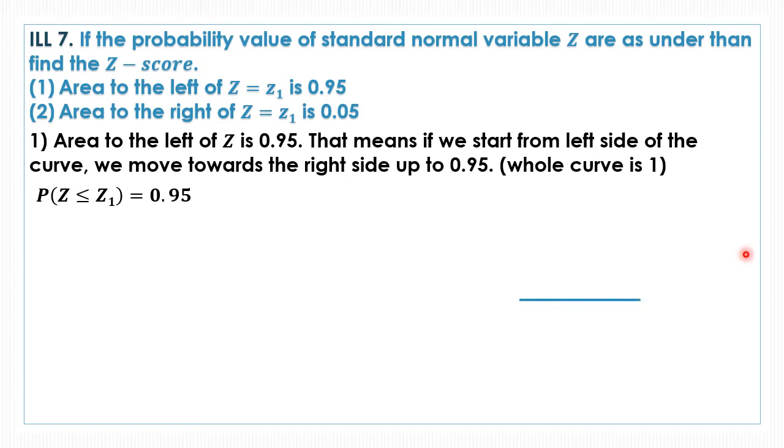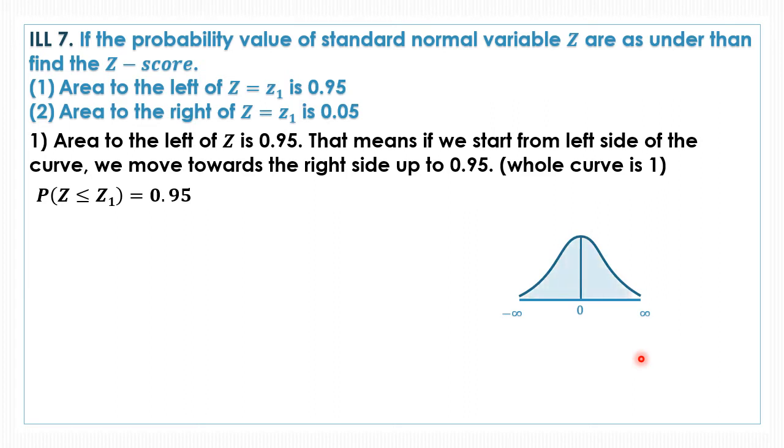Now if I draw the curve here, it will become easier to understand. So the curve here will look like this, where I am going to start highlighting my area from the left hand side, and I will go up to where I get my probability 0.95. And remember the whole value is 1, so naturally 0.95, if I start from here, is going to cover most of the area of the curve.